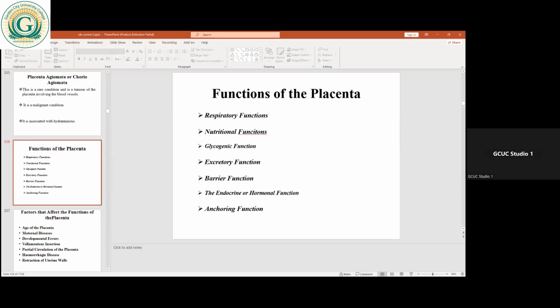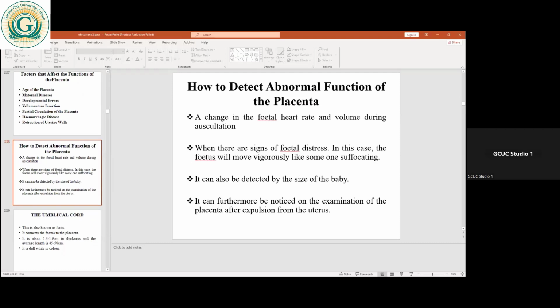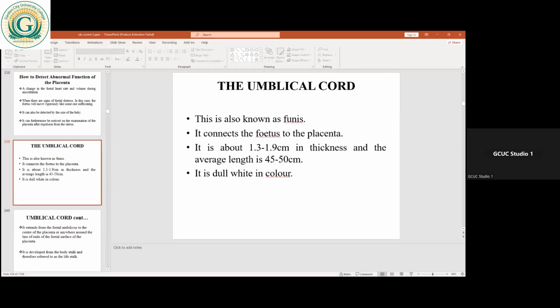These are the functions: respiration, nutrition, glycogenic, excretory, barrier, endocrine. And then factors affecting the function: age, maternal, developmental. And how to detect the abnormality? So take note and read about that.